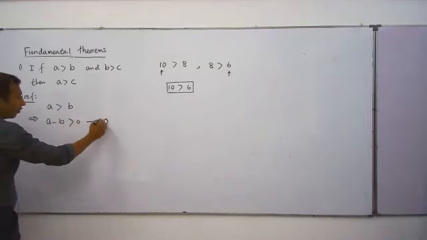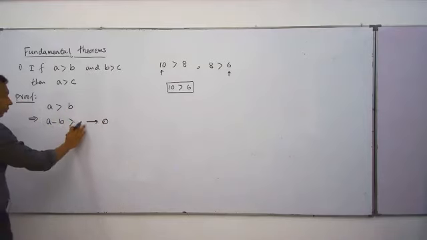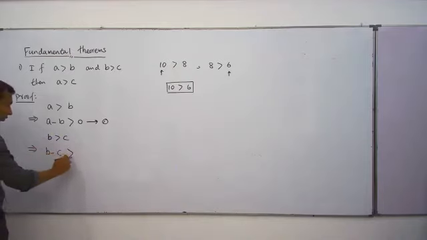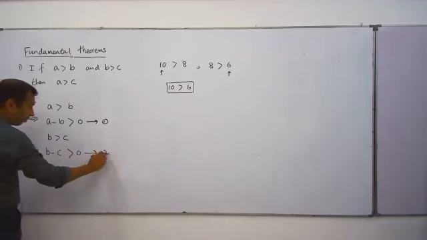We'll take this as number 1. Next one, B greater than C implies, since B greater than C, subtracting C from B, we get B minus C. Since C is smaller than B, B minus C is also positive. This is number 2.